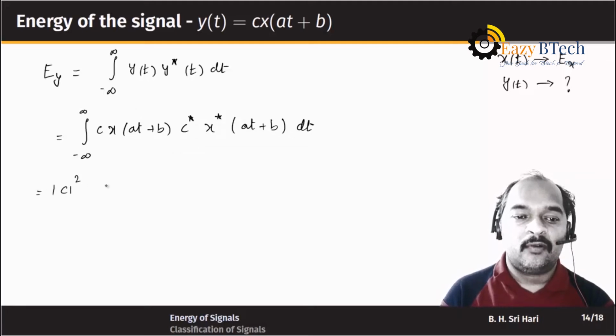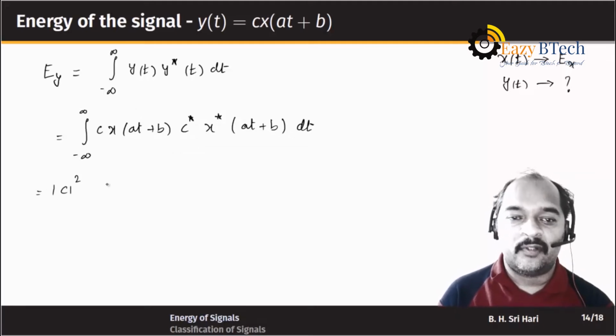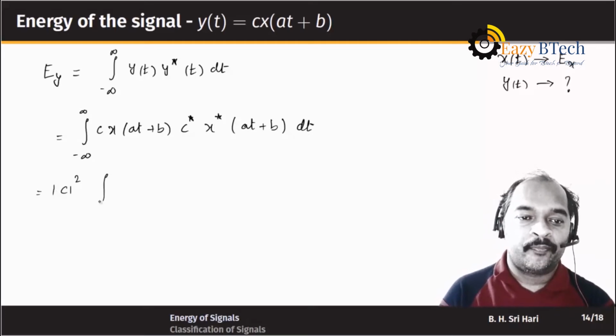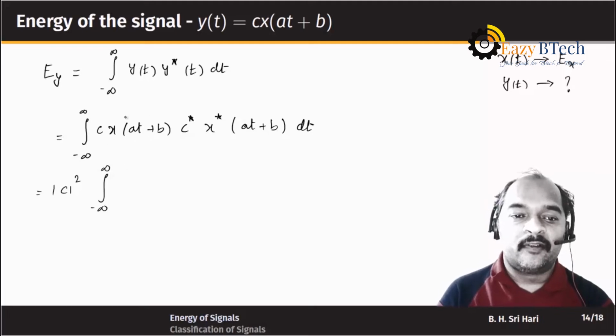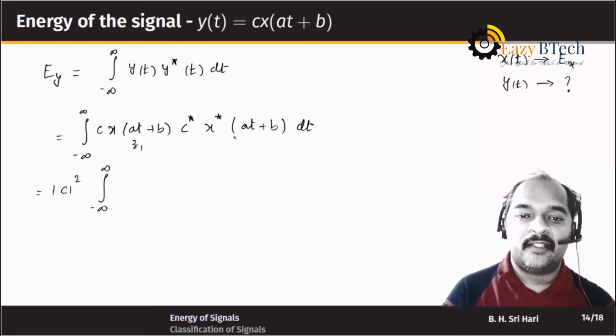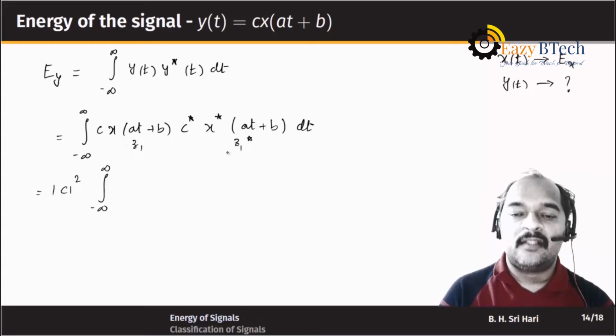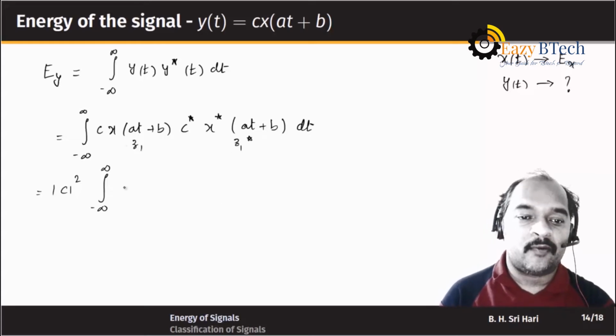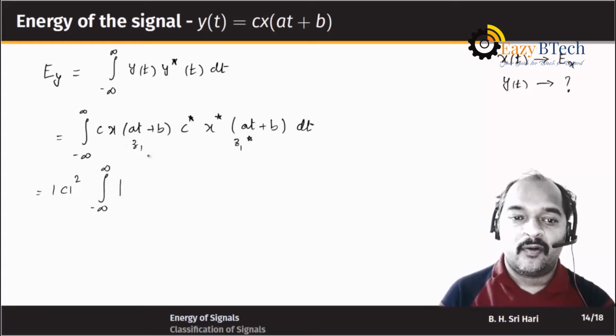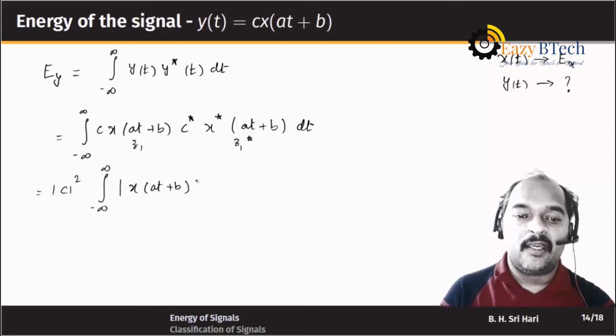Let us keep that out because integration is with respect to t, and hence modulus of c is a constant. We can bring it out. So you will get the integral from minus infinity to infinity of x of at plus b, which is like some complex number z1. x star of at plus b is nothing but that z1 star. So z1 times z1 star would be modulus of z1 whole square, which is nothing but modulus of x of at plus b whole square dt.